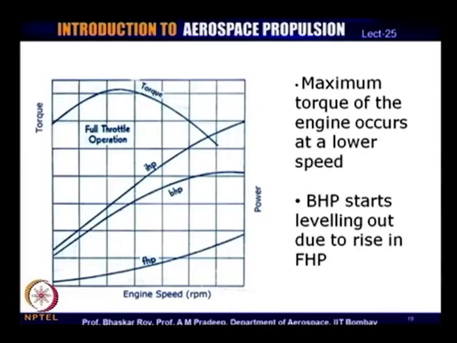BHP may not increase any further after a certain engine speed. So, every engine has a highest speed at which BHP reaches its peak, and there is no point operating the engine above that. Quite often most engine speeds are cut off slightly above this speed.